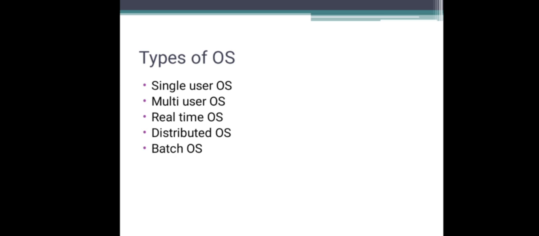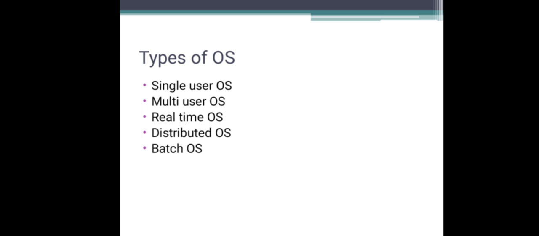Real-time operating system, or RTOS, is used when there are strict time requirements, like missile systems, air traffic control, and reservations. Examples are Windows CE and Linux OS.